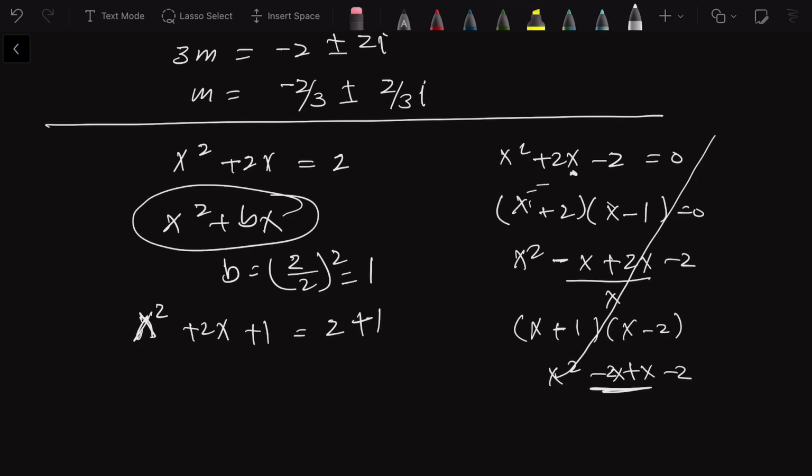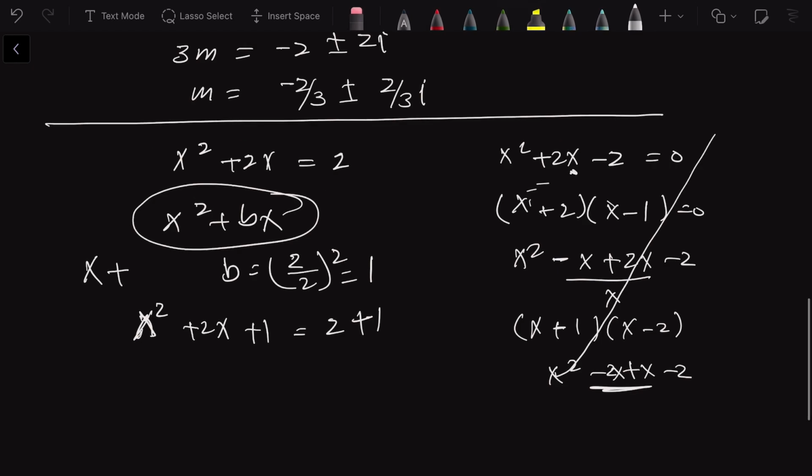It should be x plus b over 2, all squared, right? So x plus b over 2, which is 1, all squared equals 3, right?